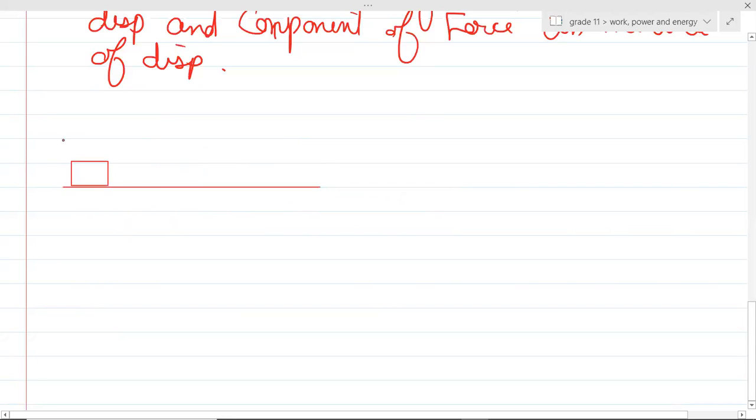So let's say this object is present over here and I'm applying a force in this direction. Can you see over here, guys? This is the force vector. And let's say the force is acting at an angle theta. There is no friction or anything. Let's say only this force is there. And due to this force, the object is basically displacing from here.